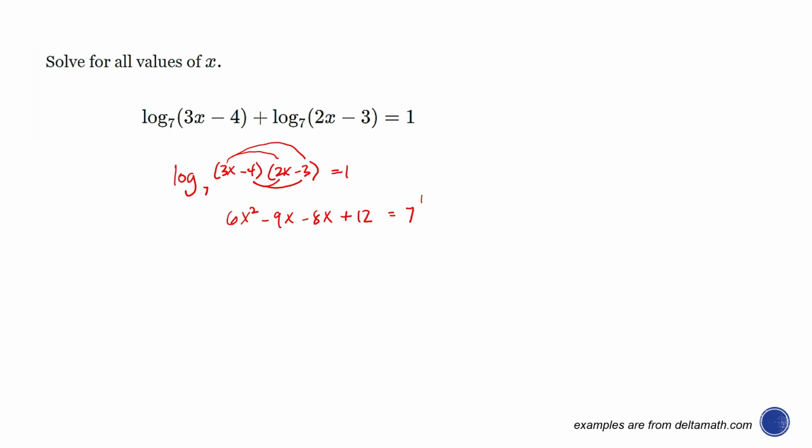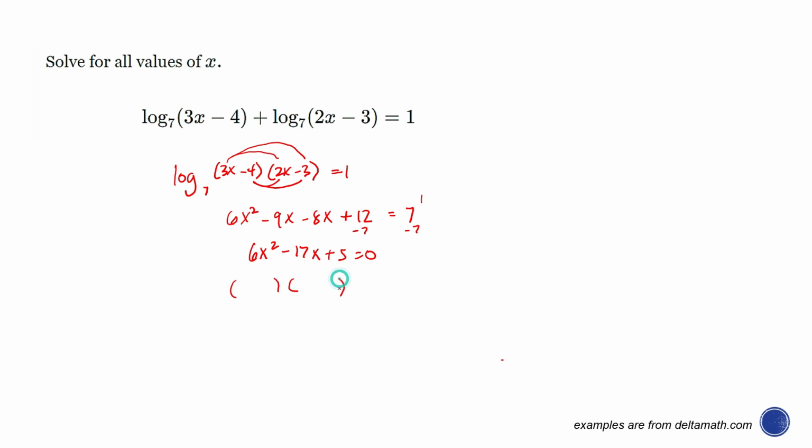Now we have an equation that is not in logarithmic form. This is 6x squared minus 17x plus 12. 7 raised to 1 is just 7, so I will subtract 7 on both sides. That gives us 6x squared minus 17x plus 5 equals 0.